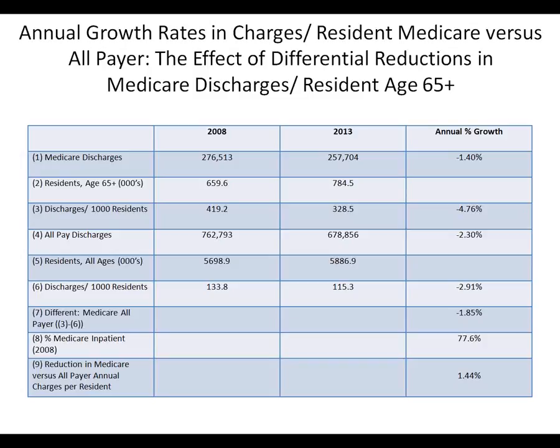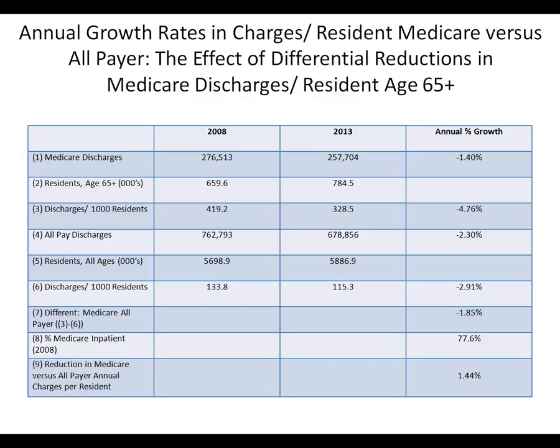He's saying one of the major reasons for the difference is that we have declining admission rates, and that decline in admission rates is faster for Medicare than it is for all payers. Is that an accurate assessment of what you said, Jack? Yes, I think so.